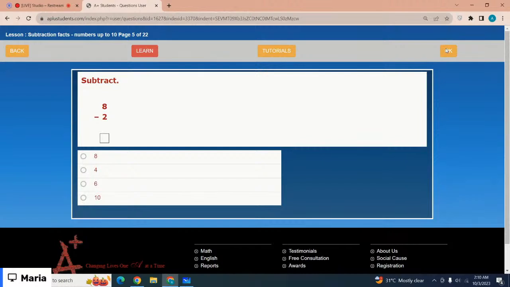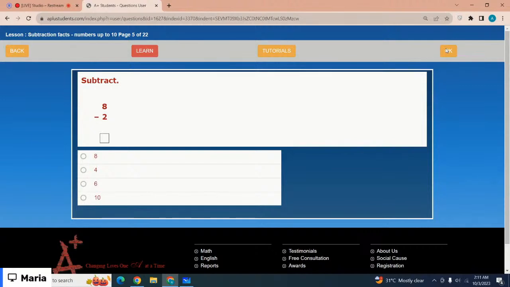The next one is 8 take away 2. So 8 take away 2 equals, very good.